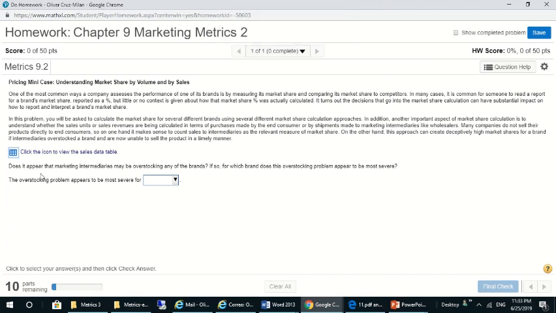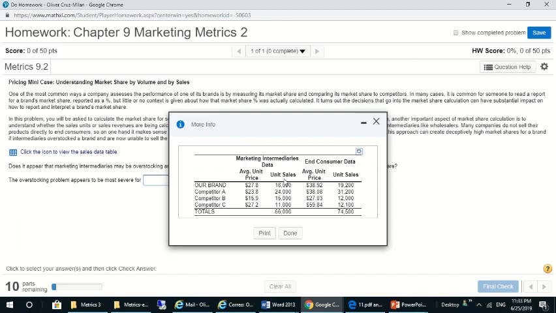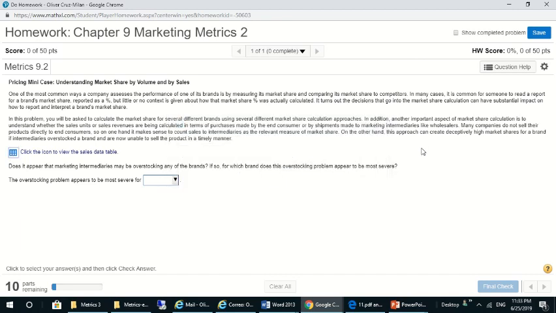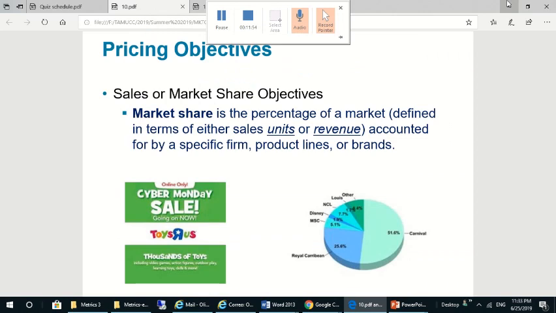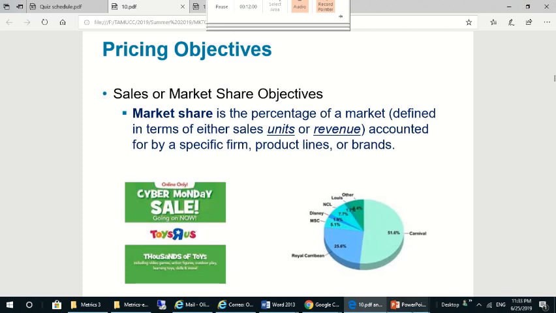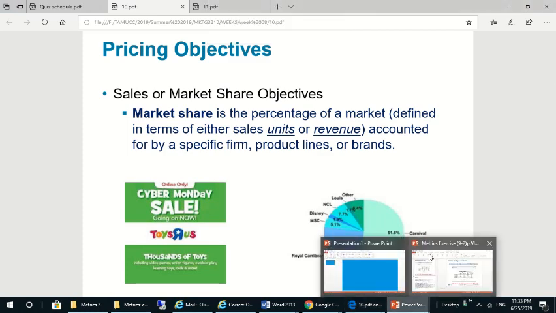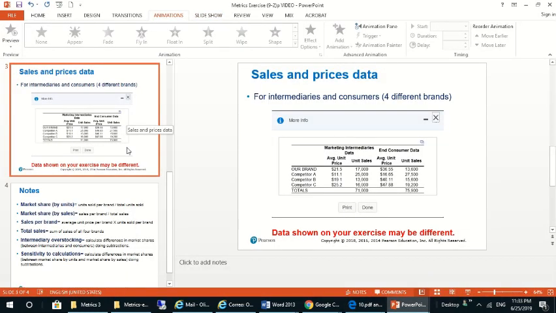So you have here the description of the case, and you have the data. Make sure to read chapters 10 and 11, because that's pretty much what you will need to use and understand in order to complete this exercise. Okay.